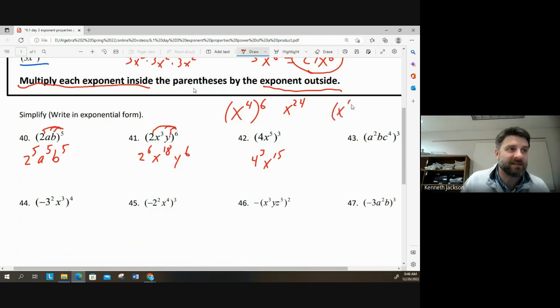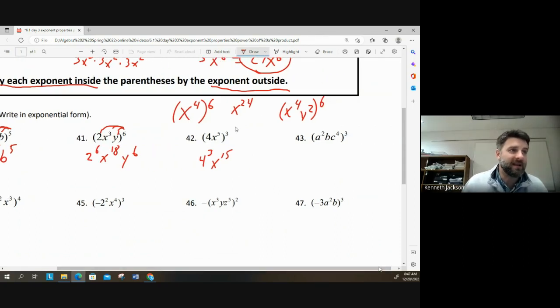So let's say I had x to the 4th y squared to the 6th. It's essentially the same problem, except now I have to take this 6 on the outside and multiply it by each of the exponents on the inside, x to the 24th, y to the 12th. So it's the exact same property. I just have to multiply each of the powers on the inside, a to the 6th, b to the 3rd, c to the 12th.